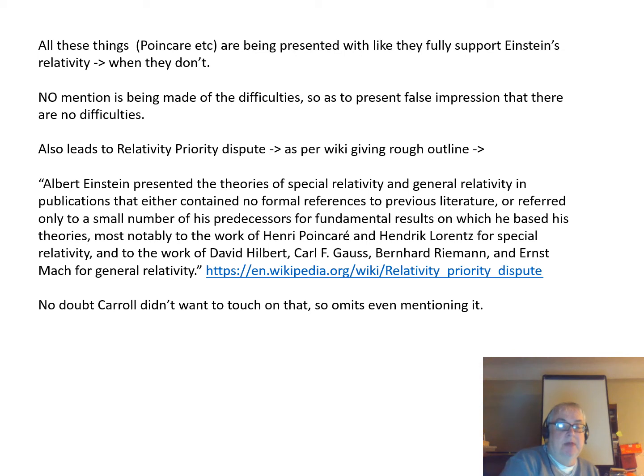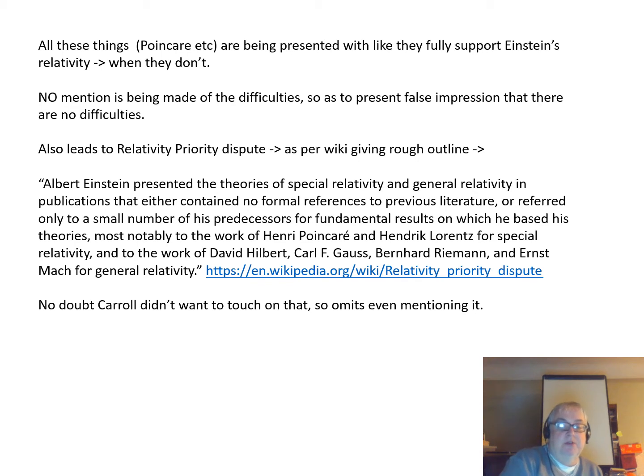No mention is being made of the difficulties, so as to present a false impression there are no difficulties. It also leads to the priority dispute if you introduce people like Poincaré, which should really be mentioned, and Wikipedia gives a rough outline of that as well.